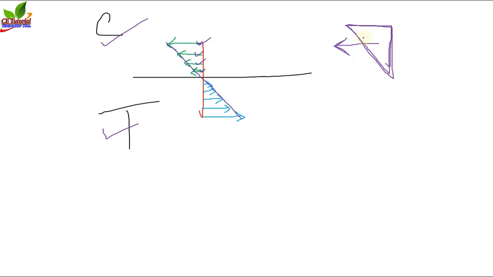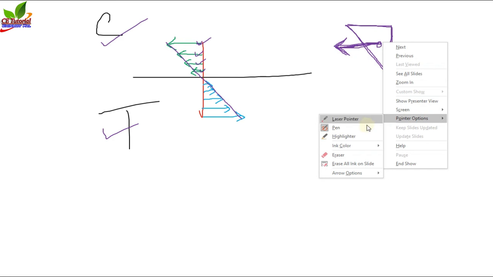Only one compressive stress is acting at the compression zone as a resultant of all those stresses. Yes, we can say, and we can find the magnitude of the stress, and we can find the position of the stress also. Please keep in mind, we can find the position of the stress also.